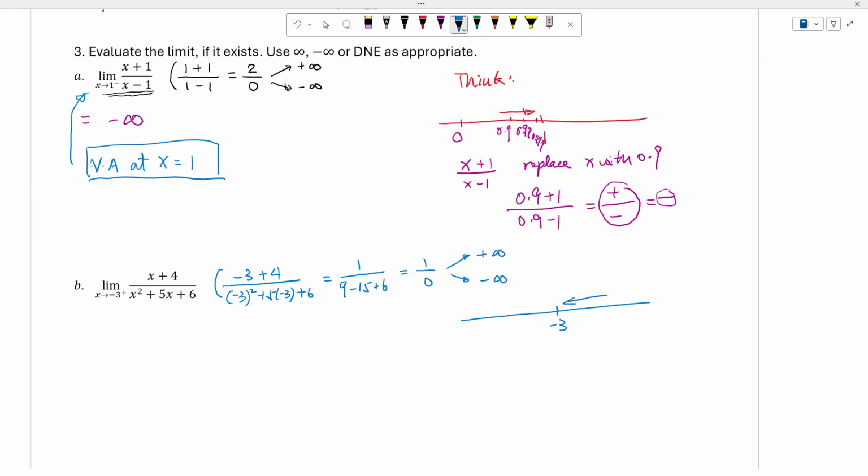Now I will try to work out the problem. In this case, maybe we could choose a number like -2.9 to plug in. But when I plug it in, it seems I would need a graphing utility to work it out. But what if I do it this way?